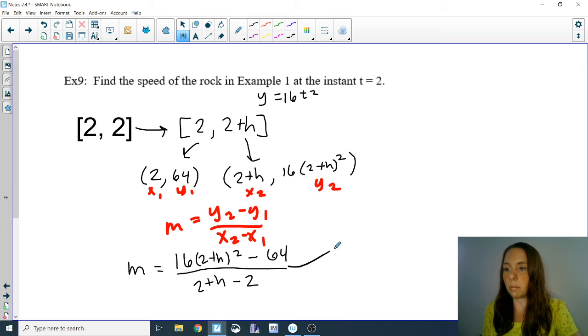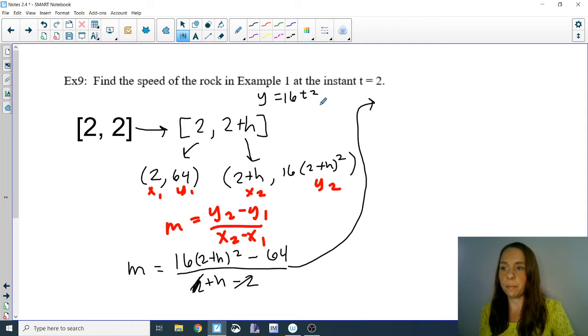I'm going to take this up here. Okay, look at the denominator. What happens in the denominator? You see a 2, you see a minus 2. Are you okay with this? Those would cancel, right? 2 minus 2 is 0. So all we have in our denominator is an h. Okay, pen, don't die on me now. All we have in the denominator is an h.